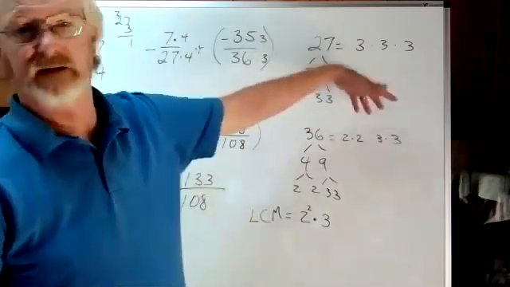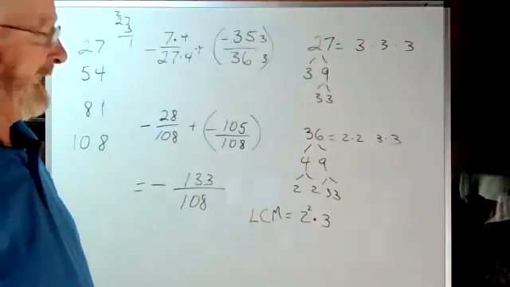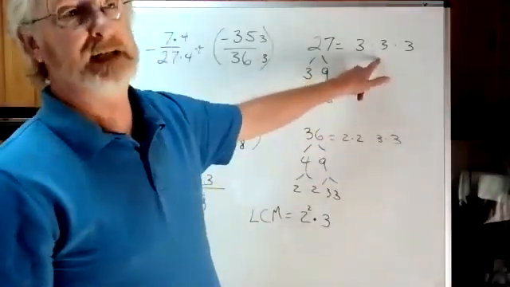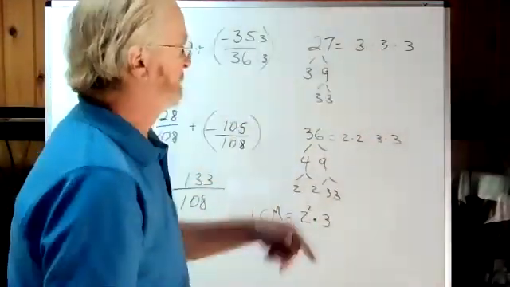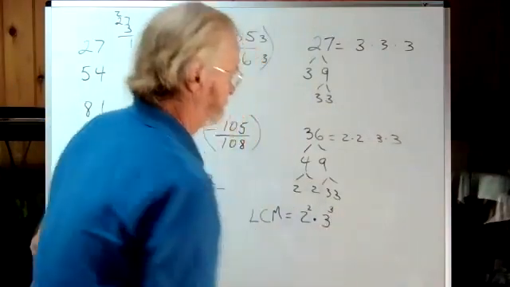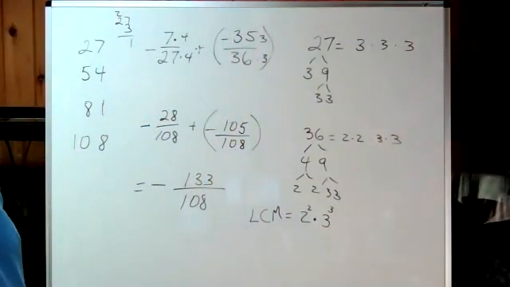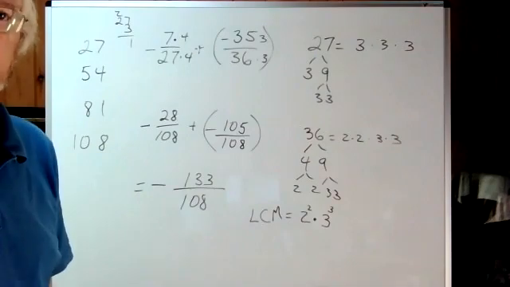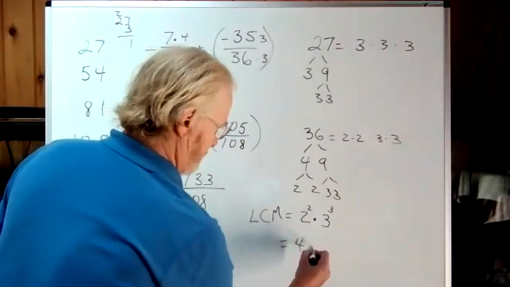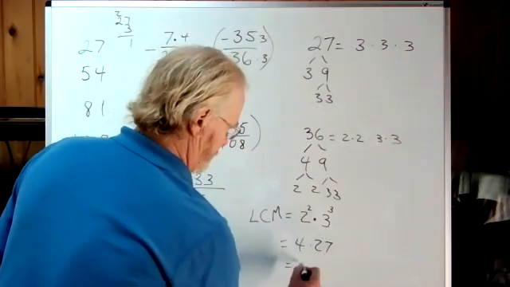This one didn't need any 2's. Oh well. How many 3's? What's the largest number of 3's? 2 here, but 3 here. So I'm going to need 3 factors of 3 to be able to divide by 27. So there are the pieces that will get me my common denominator. Call it 4 times 27, and we got our 108.